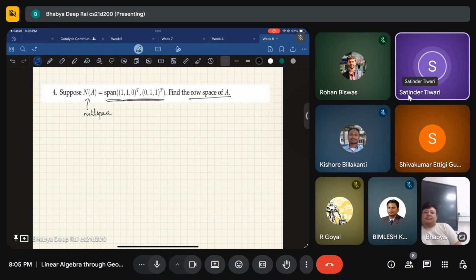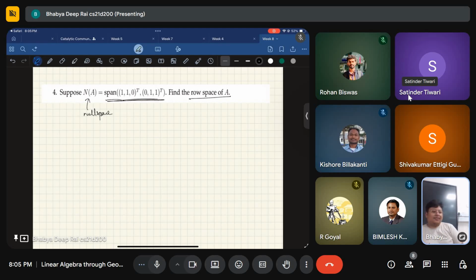I had the confusion in the beginning only. Due to that only the problem is arising. What I was thinking, in the notes it was there, like dimension of column space plus dimension of null space is equal to the columns of the matrix.